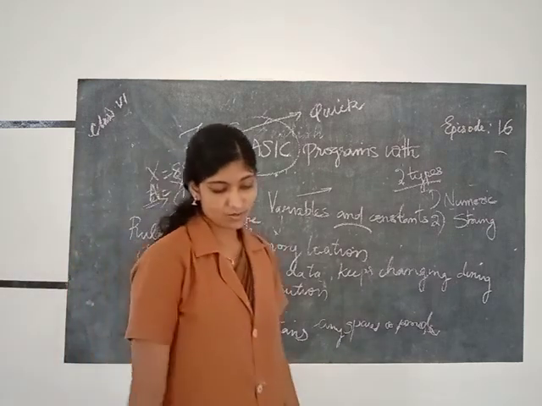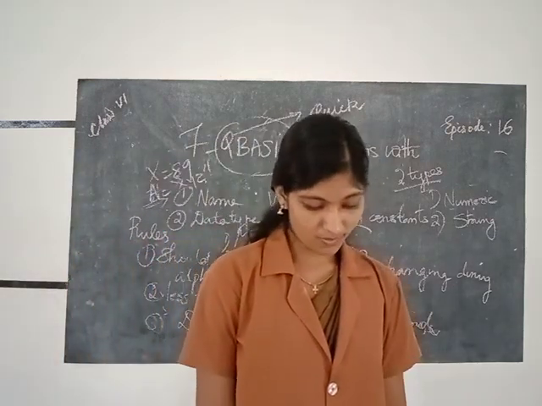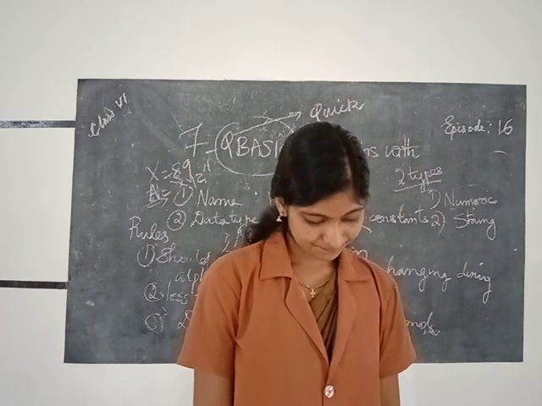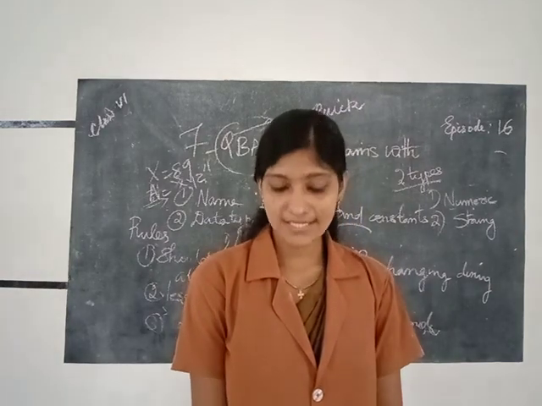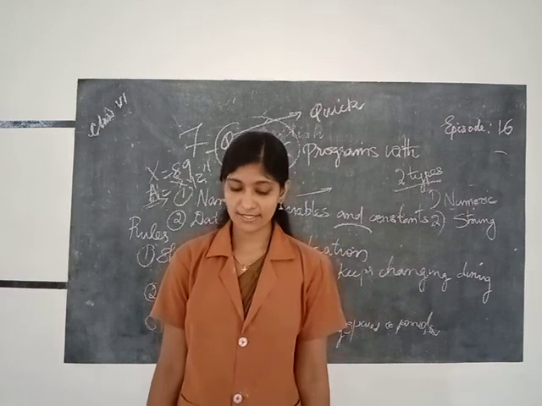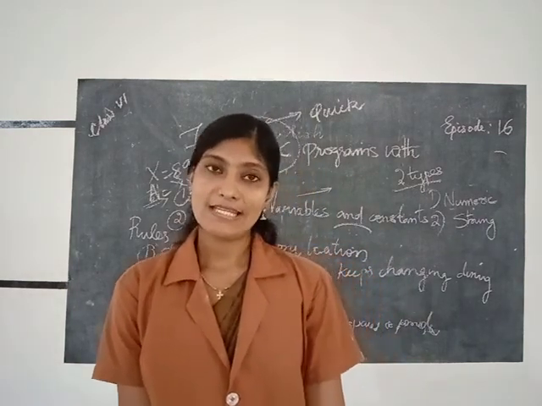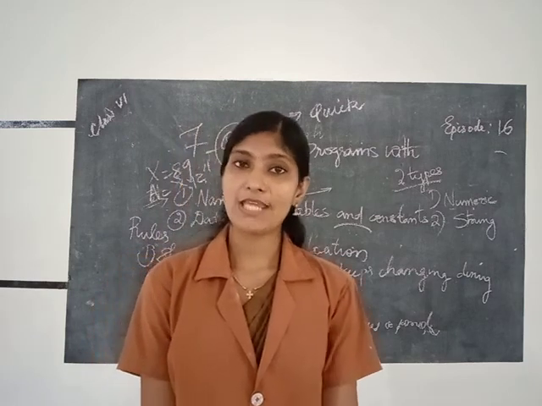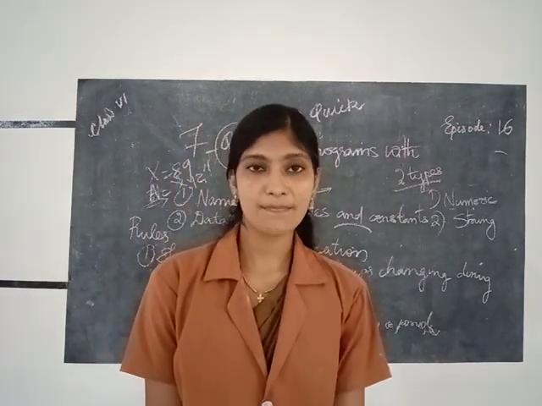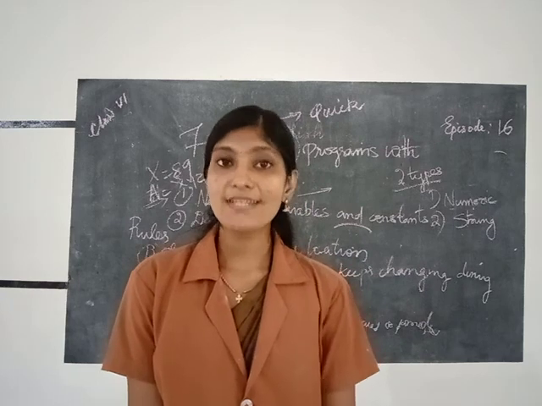Then next is constants. What about constants? A constant is a value which remains fixed during the execution of a program. That means it does not keep changing during the execution of a program. It always remains fixed.